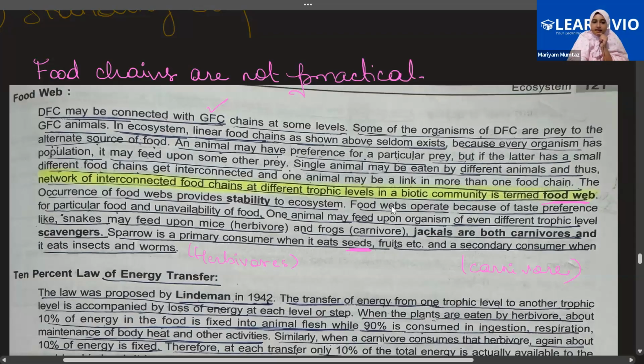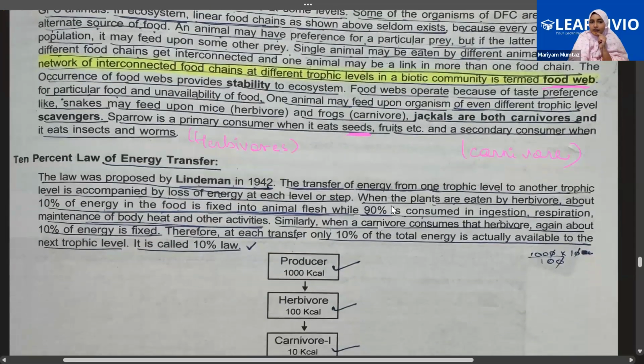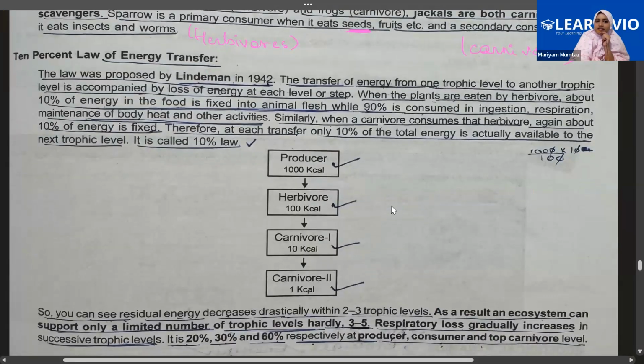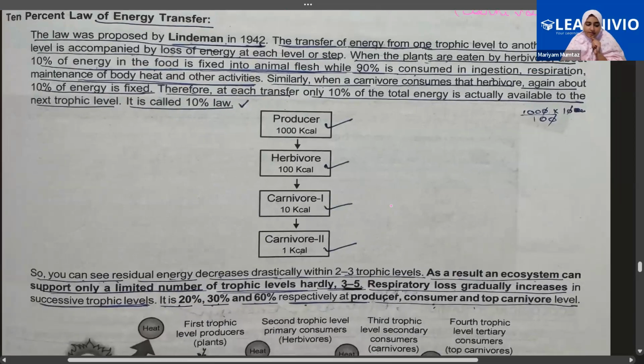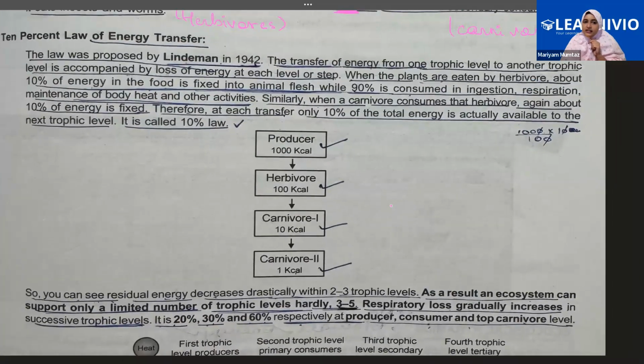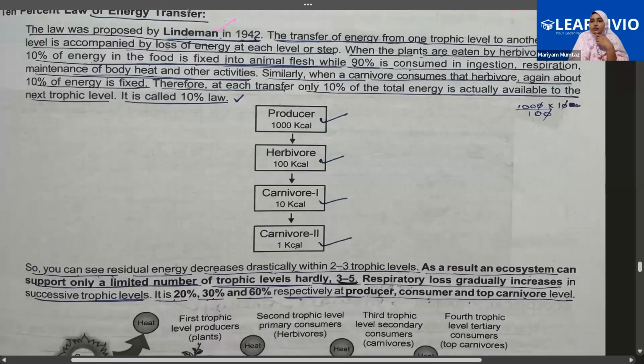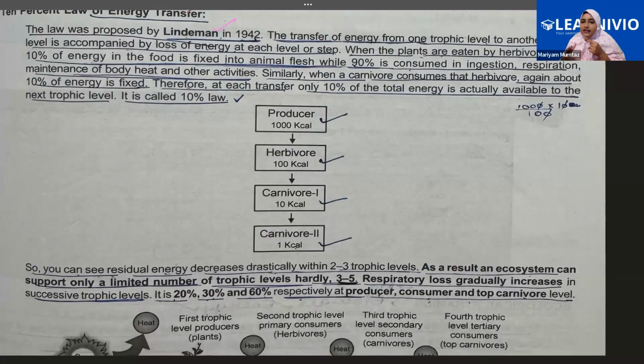Now this energy transfer law that I told you about, this is a little bit about it. Let's just see. 10% law of energy transfer. This law was proposed by Lindeman in 1942. Transfer of energy from one trophic level to another is accompanied by the loss of energy at every trophic level.